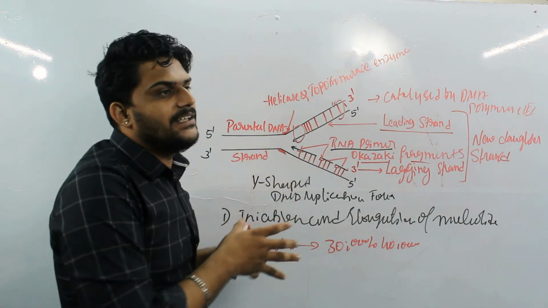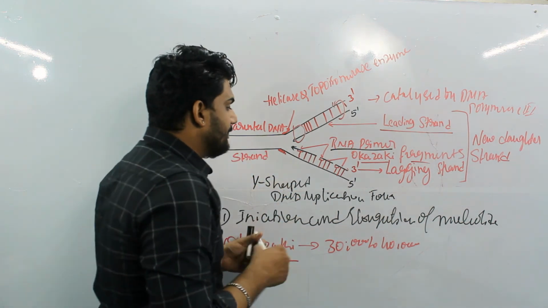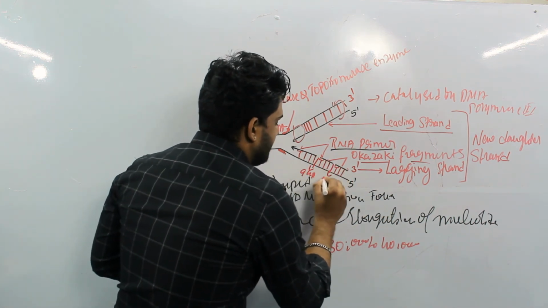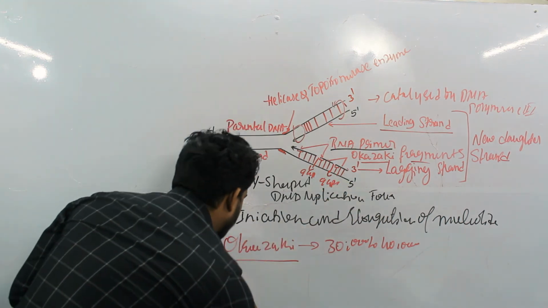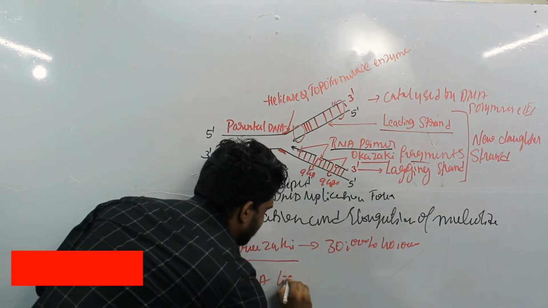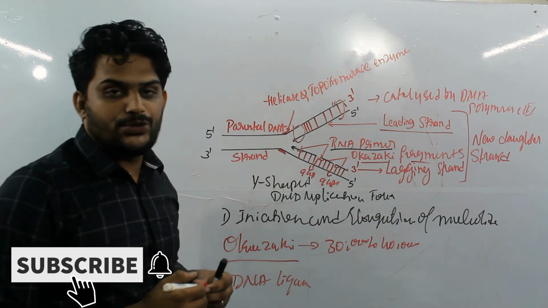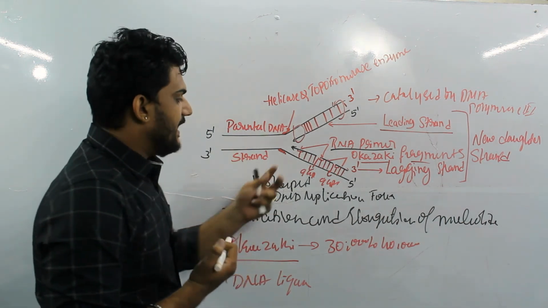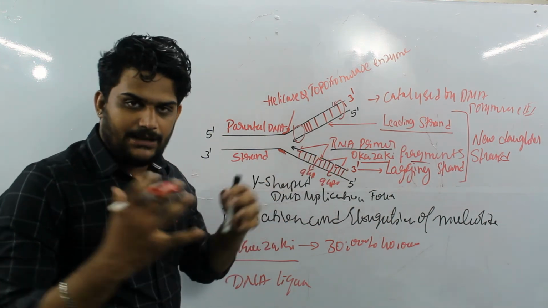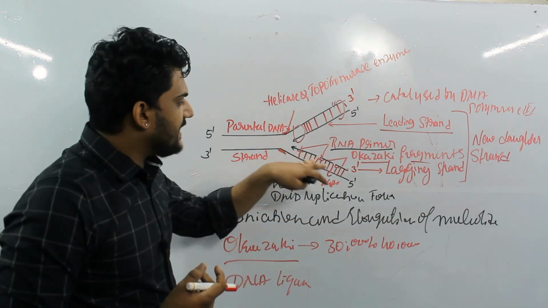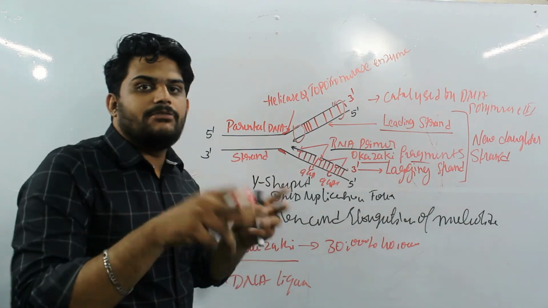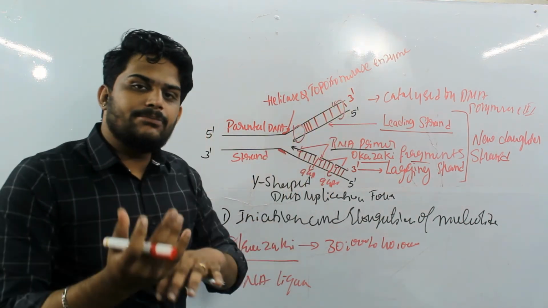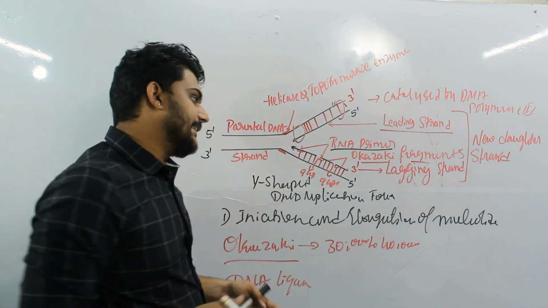The Okazaki fragments leave a certain amount of gap, and you can see the gaps here. These gaps are filled by DNA ligase, which binds the sugar and phosphate molecules together, and the strand is completely filled. The RNA primer will be removed and the nucleotides will be bound.